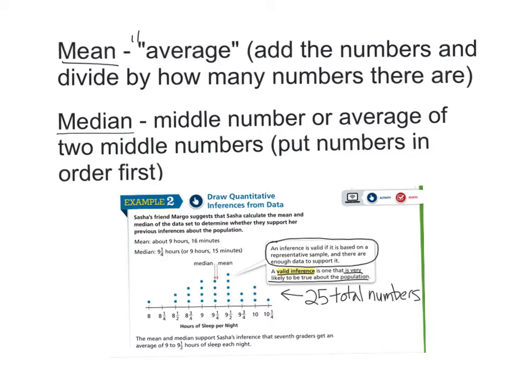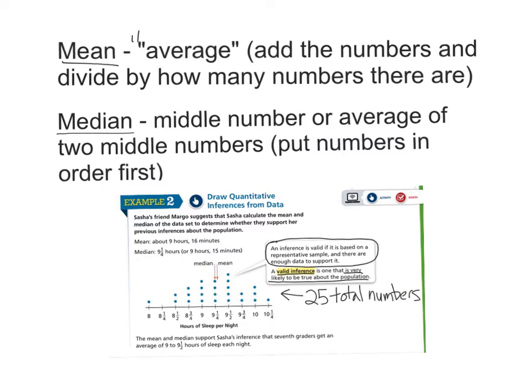Quick review before we continue with example 2. Just a couple definitions here. The mean is sometimes called the average. To find the mean, you add all the numbers together and then divide by how many numbers there are.